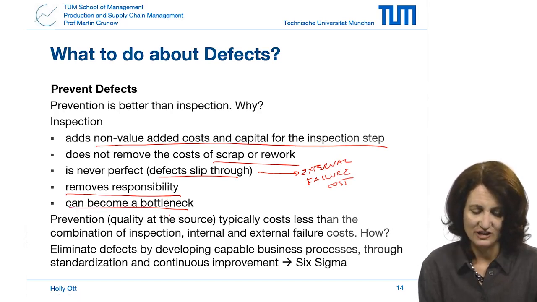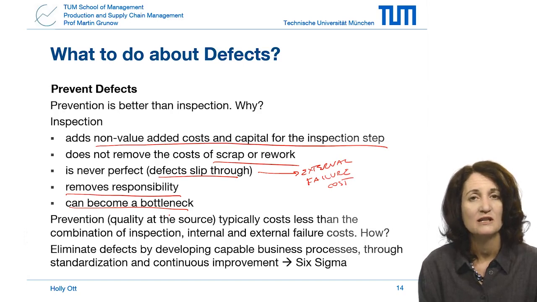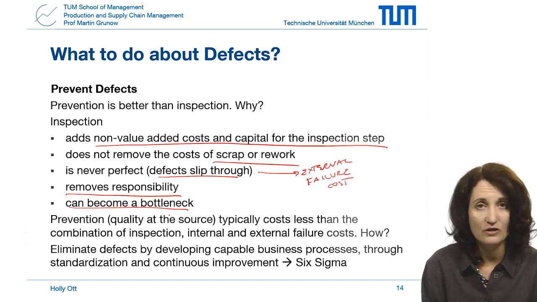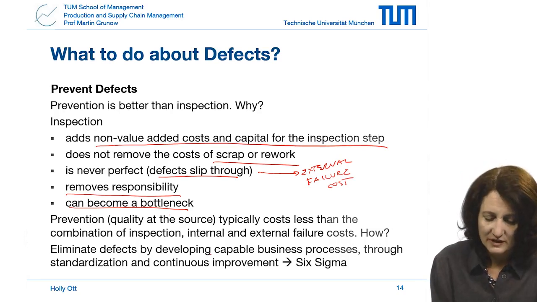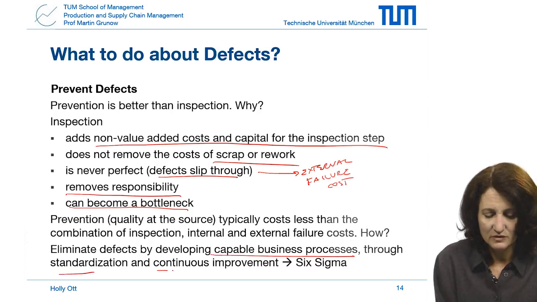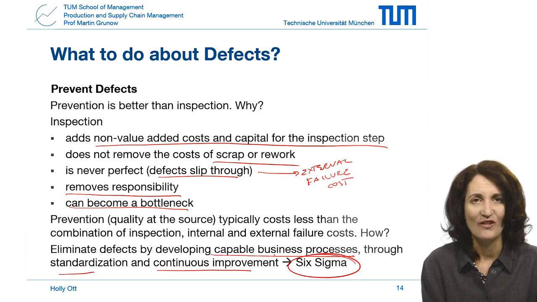So prevention typically costs less than the combination of all the inspection, internal and external failure costs. And how do you do this? You want to develop capable business processes through standardization and continuous improvement, which is our goal of Six Sigma.